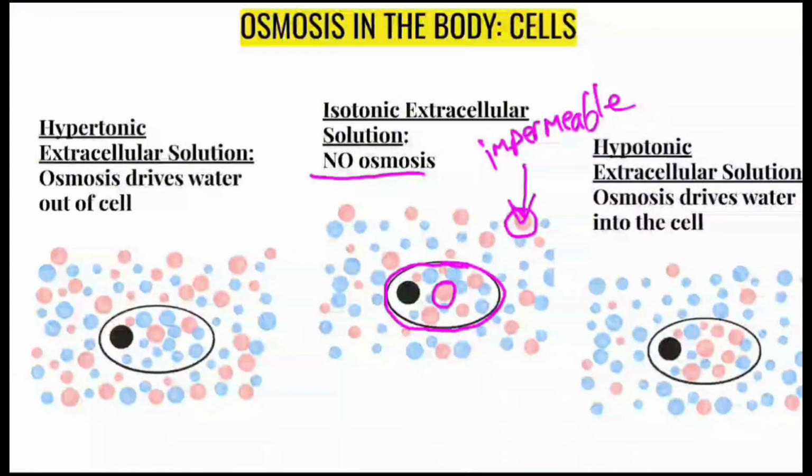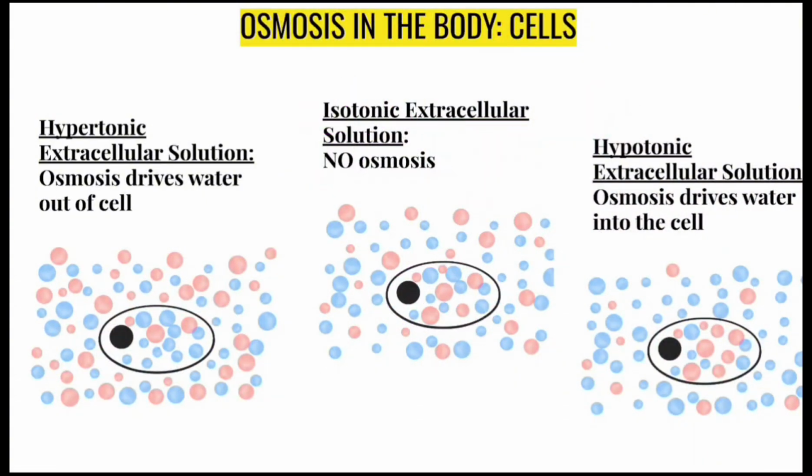These would be isotonic solutions, comparing the extracellular solution to the intracellular solution. Since we don't have a difference in the concentration of this impermeable molecule, we don't have a difference in the concentration of water, so water isn't going to diffuse. This is the situation we want our cells to be in.